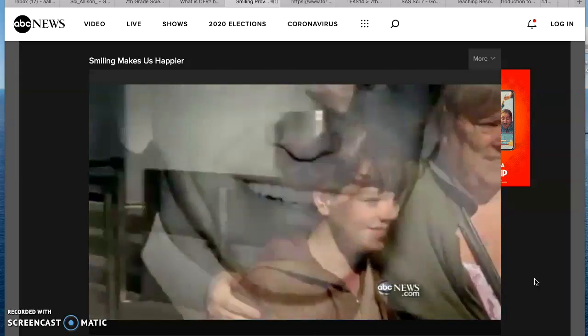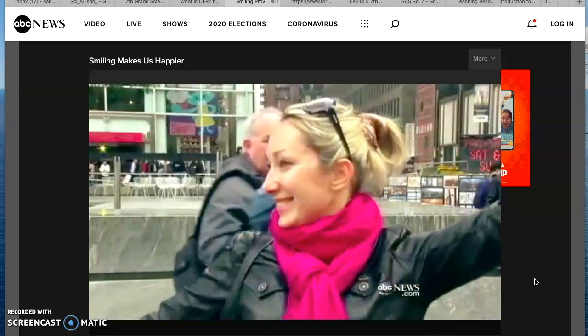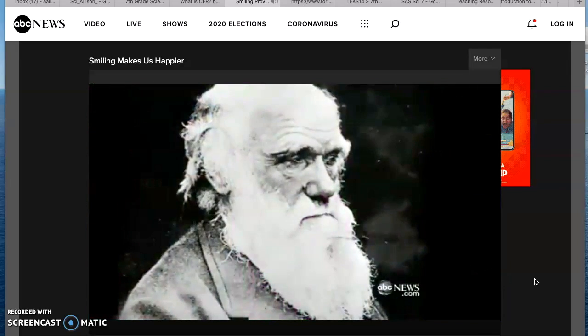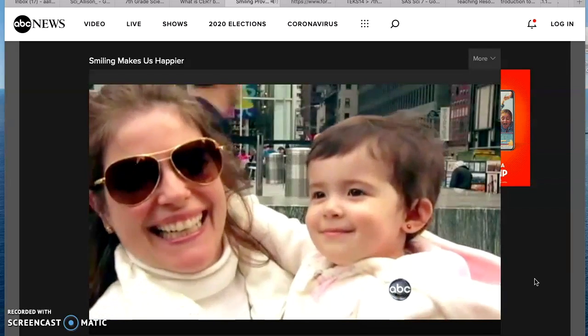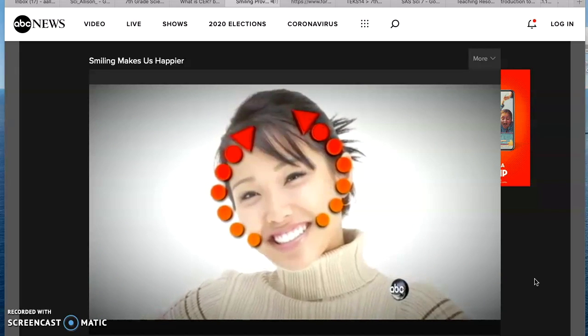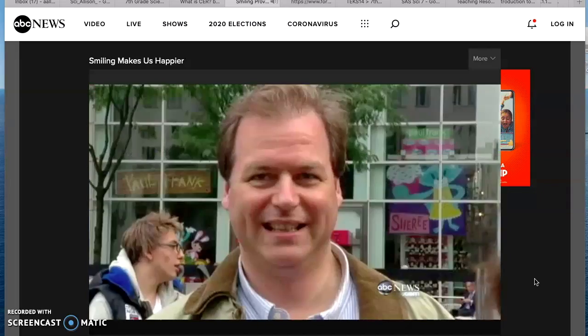It turns out Frank Sinatra had the right idea. And no matter what kind of mood you're in, the act of smiling makes you happier. Charles Darwin was one of the first to study it. Today, scientists know that when you smile, your muscles send a signal to the part of your brain that controls emotion. It makes you feel better and maybe even live better.